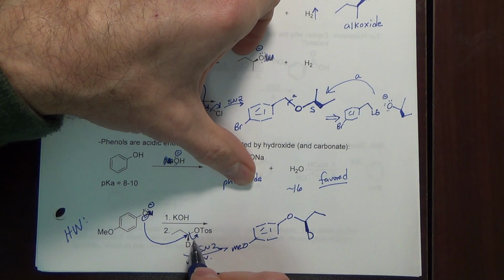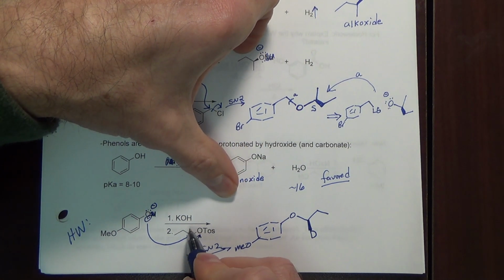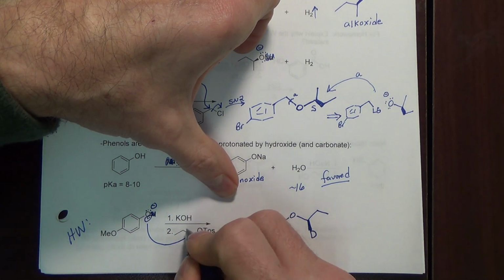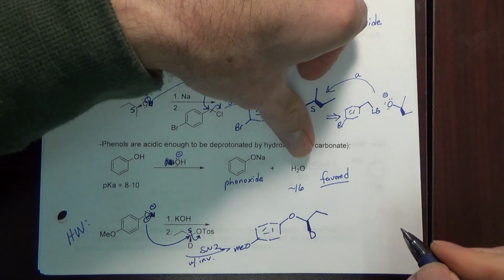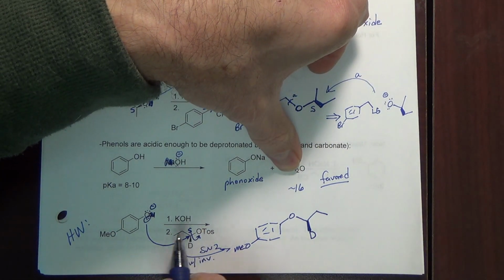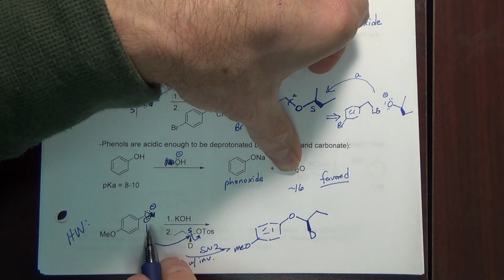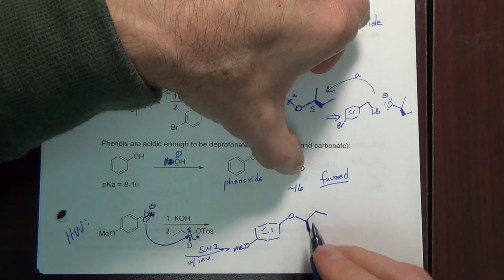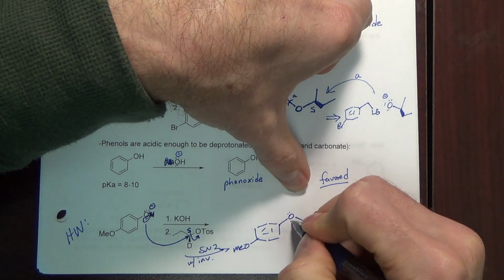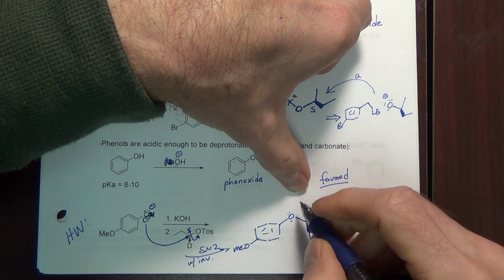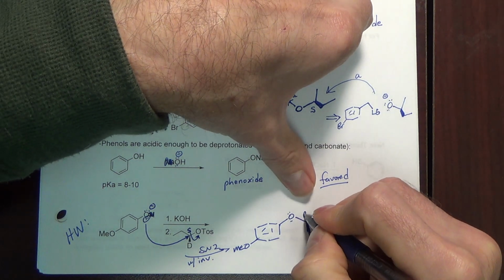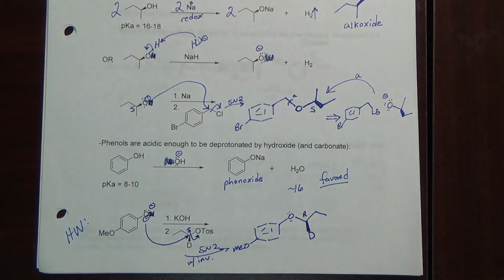We can check that. Oxygen 1, 2, 3, deuterium, H in the back. This is S. Now, this only works if the new group is the same priority as the leaving group, and indeed it is, oxygen. 1, 2, 3, H in the back, and indeed this is R. That doesn't prove it's inversion.